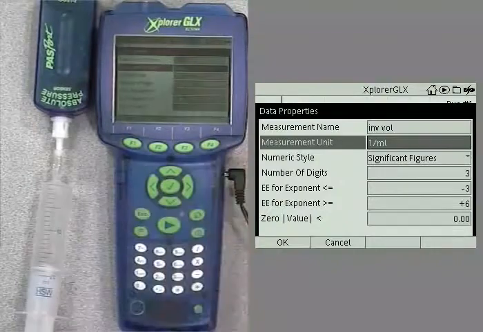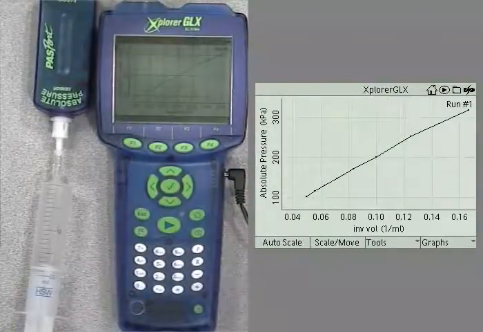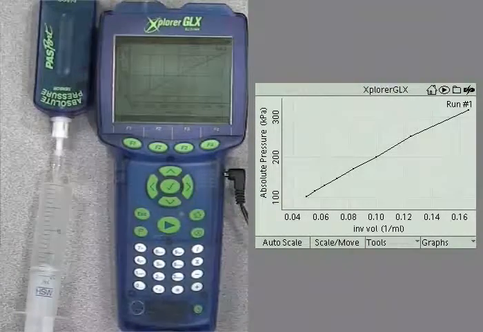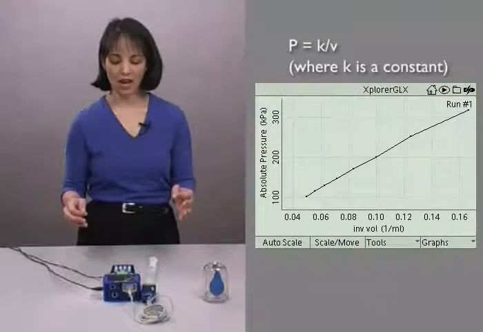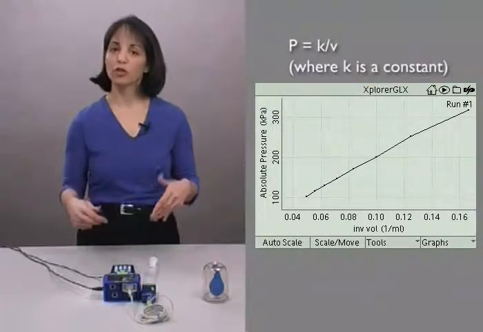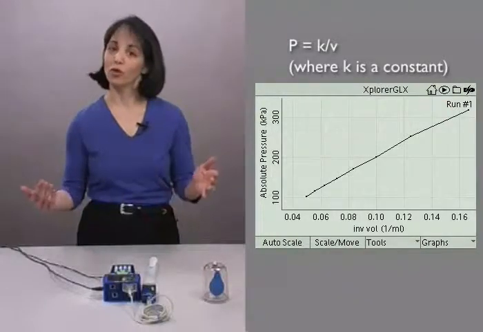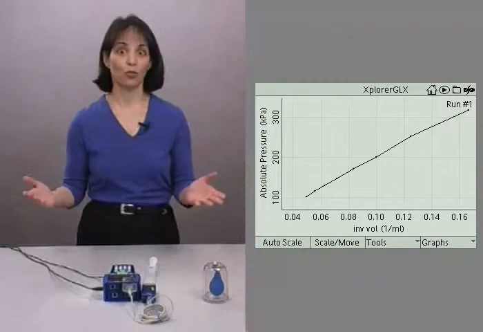Check mark, and we're done, so we'll say OK. And there it is, our graph, which is linear, which would imply that pressure is directly proportional to the inverse of the volume, which means that we, for ourselves, have discovered Boyle's law.